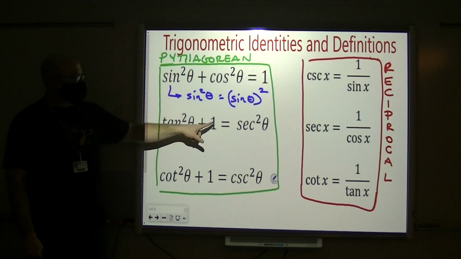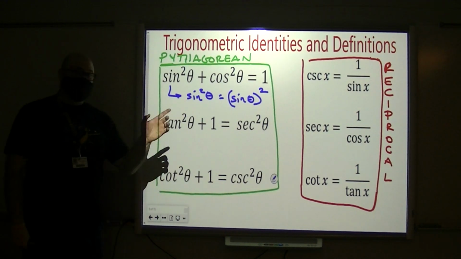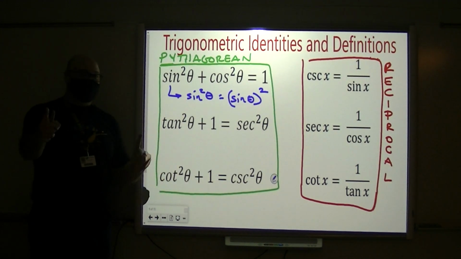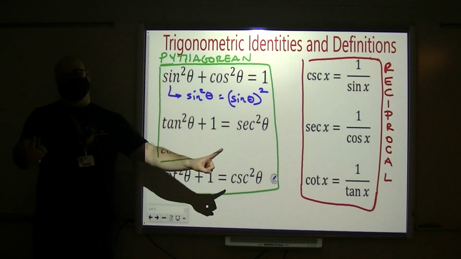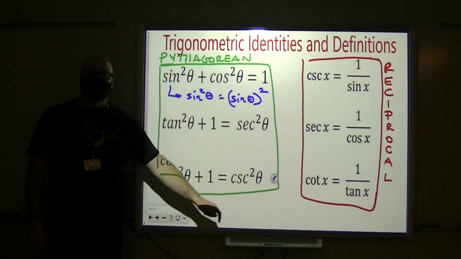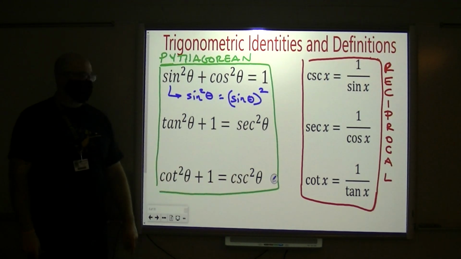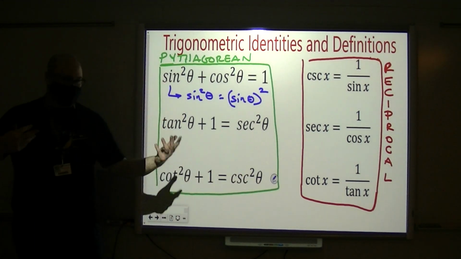There's a connection between tangent squared and secant squared. There is no connection between tangent and secant. There's a connection between cotangent squared and cosecant squared, but not between cotangent and cosecant. I know that sounds kind of strange.